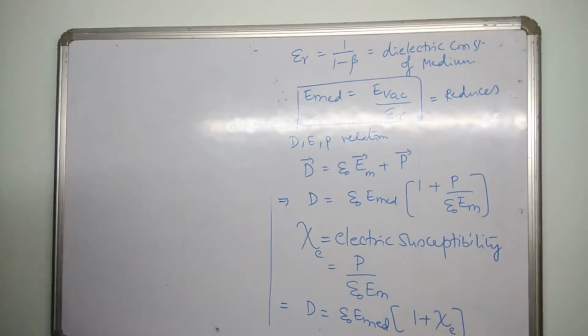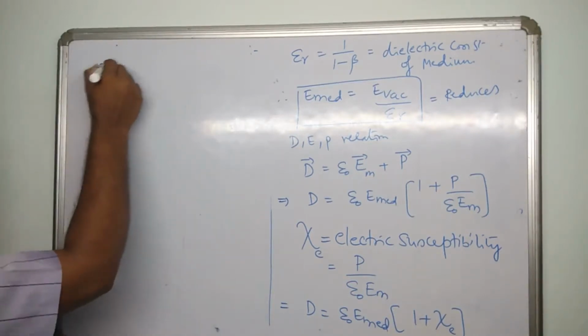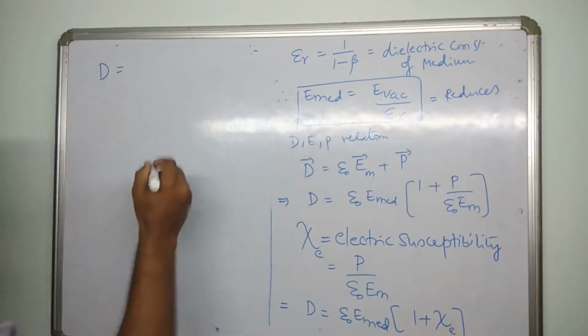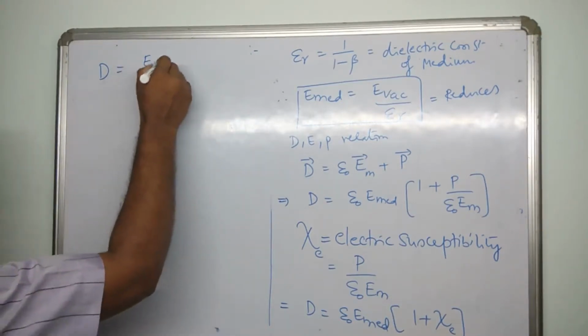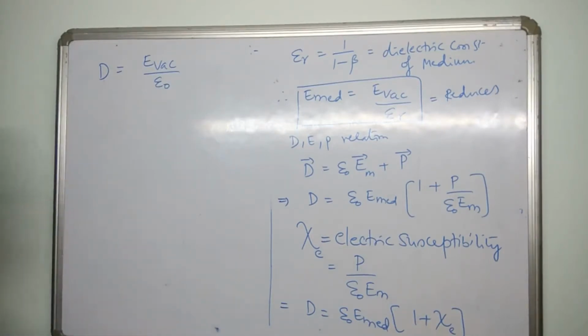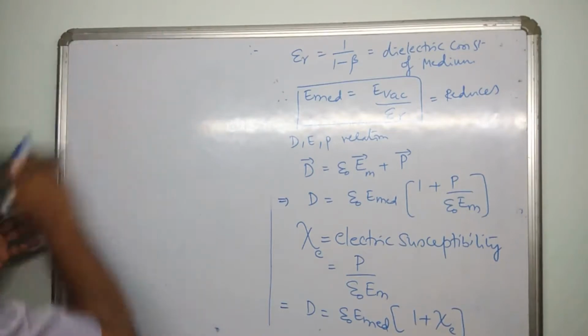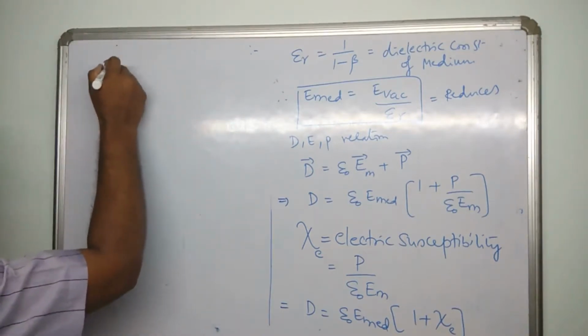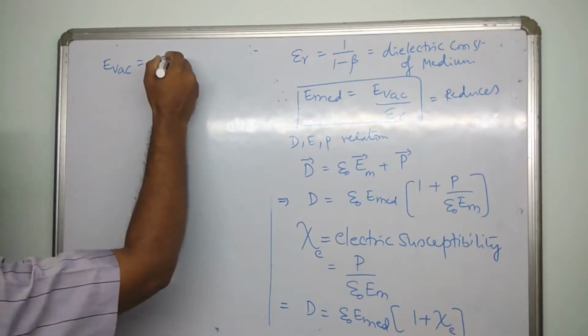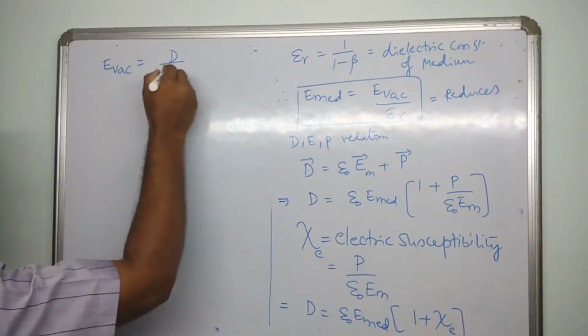Okay, now D and E are obtained. We know that E vacuum is equal to D by epsilon 0.